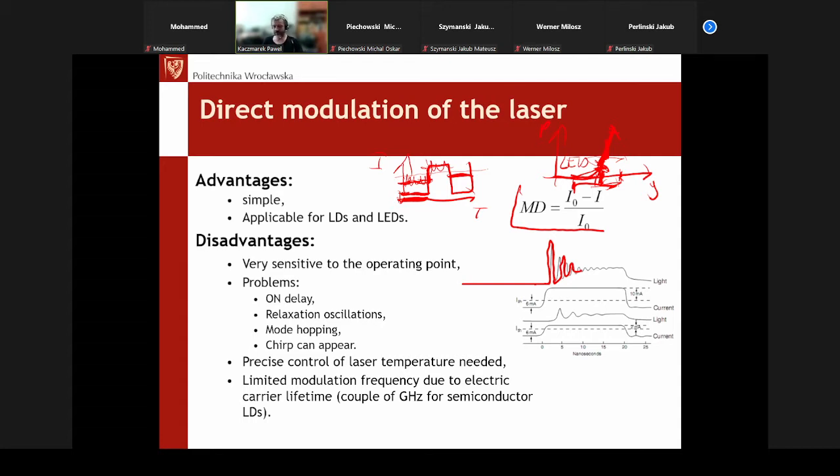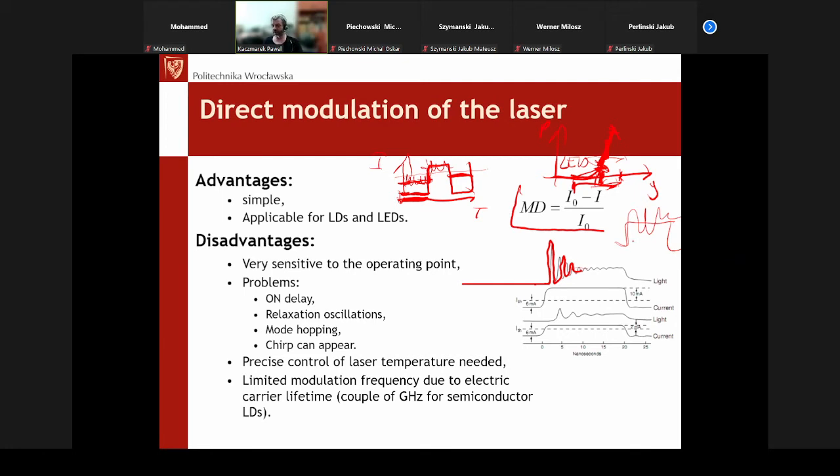And of course, we don't want to transmit the pulses in such a way, because you will have additional information and additional modulation on our signal. If we want to just transmit a square wave, we want to have light of this shape, not light which has additional oscillations on it.